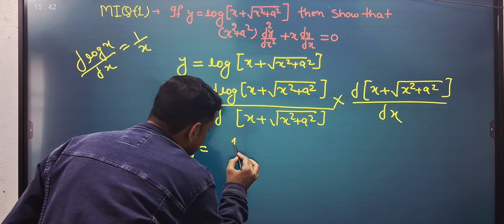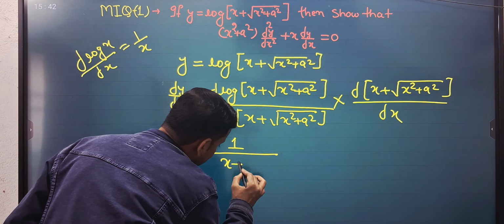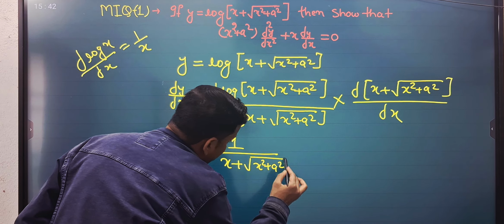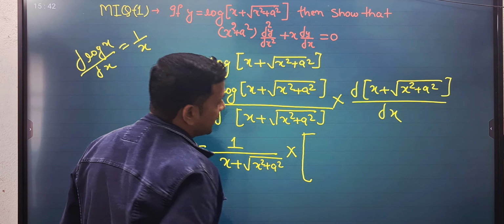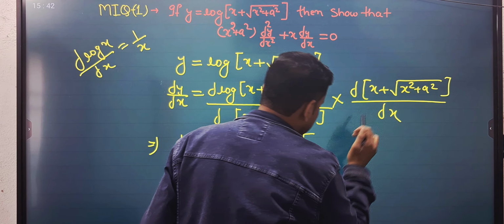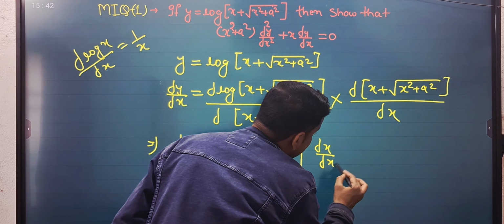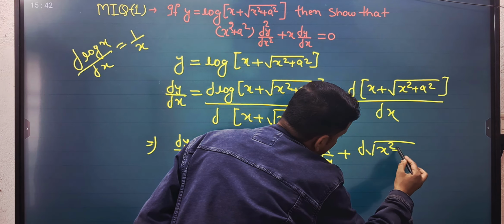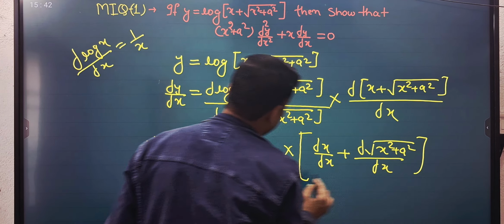So here you have to write 1 by, instead of x, x plus root under x square plus a square. And here are two functions, so you have to differentiate each function separately. So dx by dx plus d root under x square plus a square by dx.